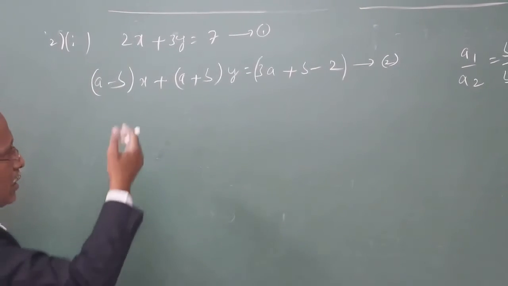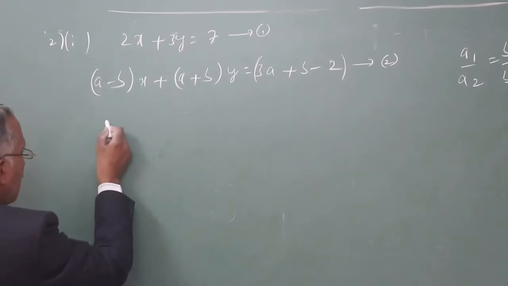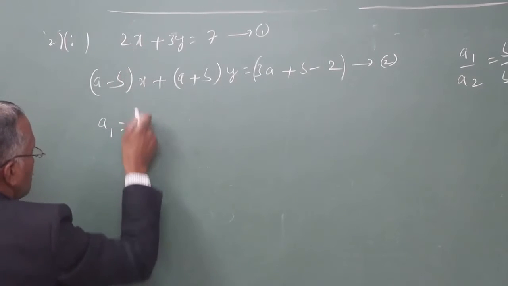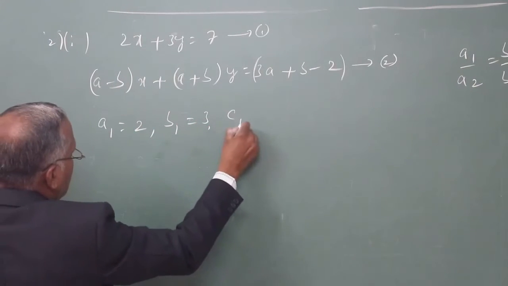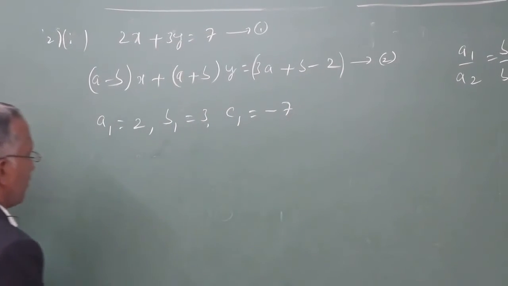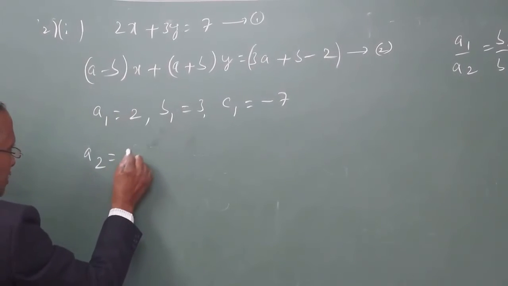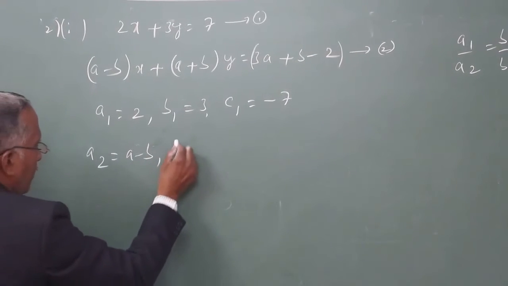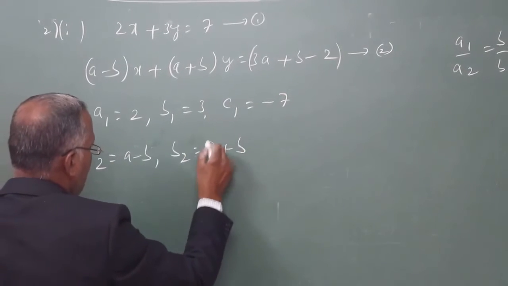Call this equation 1 and this equation 2. This is totally a constant term because variable x and y is not there. By comparing the given linear equations with the general form, here you get a1 equals 2, the coefficient of x, b1 equals 3, c1, if I transpose plus 7 to the left hand side, minus 7. In the same way, a2 is the coefficient of x, that is a minus b, b2 is the coefficient of y, a plus b.